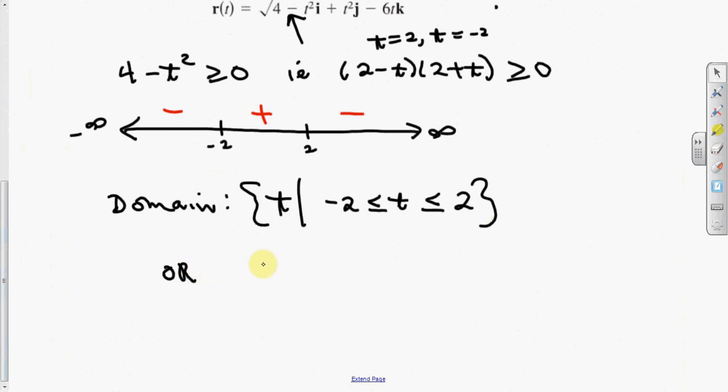Or you can say closed interval from negative 2 to 2. So either way you want to say it is fine. Any questions? Let's look at the next one.